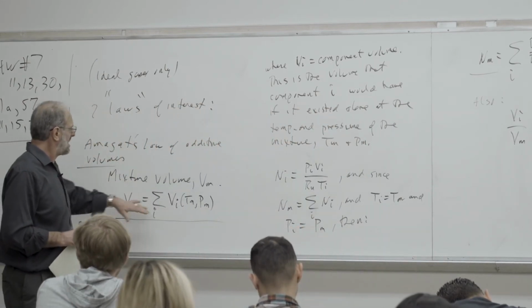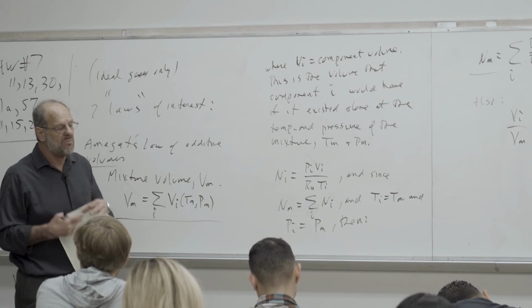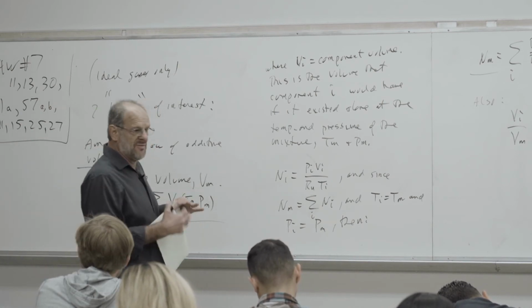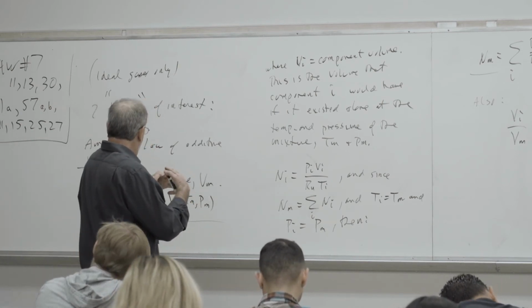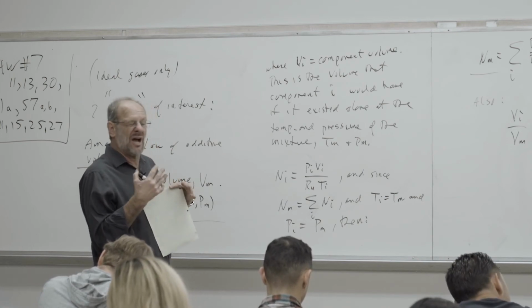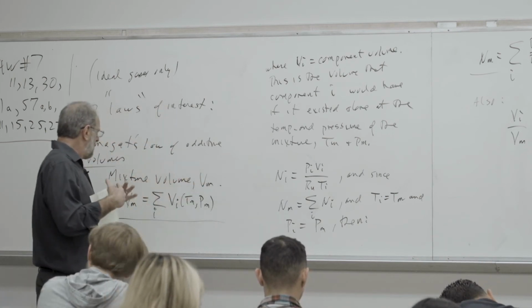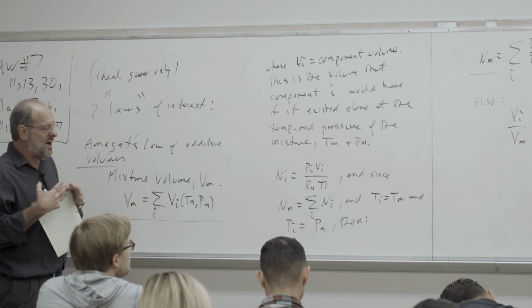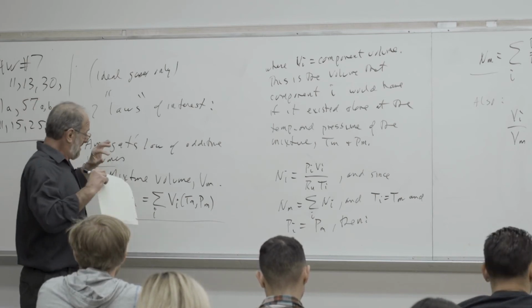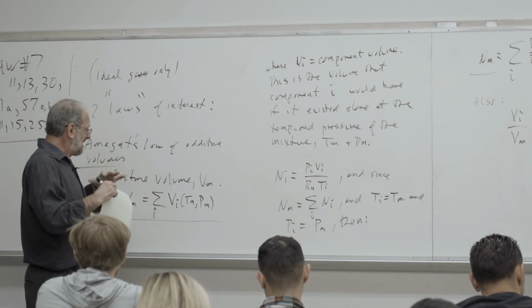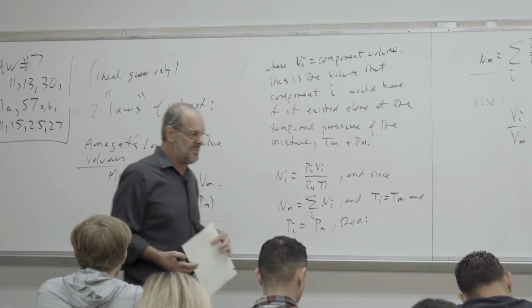that the pressure of the mixture is actually going to be the sum of the pressure of the individual components. And these individual components will have a pressure that corresponds to the assumption that that individual component exists alone at the temperature and volume of the mixture.